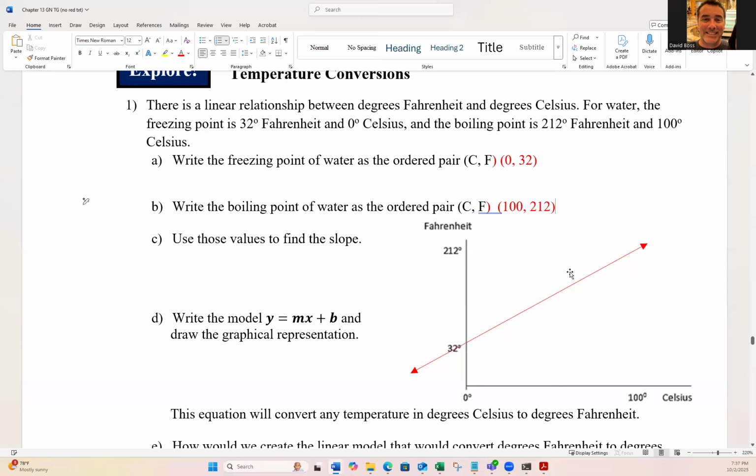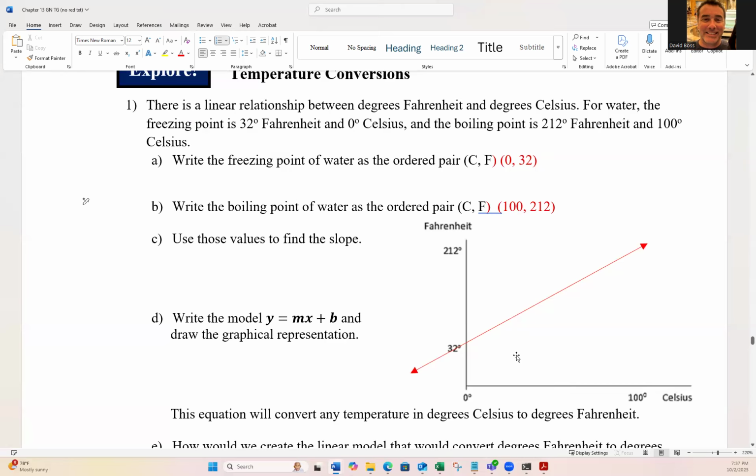So if you took those and graphed them, here's Celsius, here's Fahrenheit. When it's 0 degrees Celsius, it's 32 degrees Fahrenheit. When it's 100 degrees Celsius, it's 212 degrees Fahrenheit. So there's still a linear relationship. It just doesn't hit 0, 0. So it makes it a little trickier.